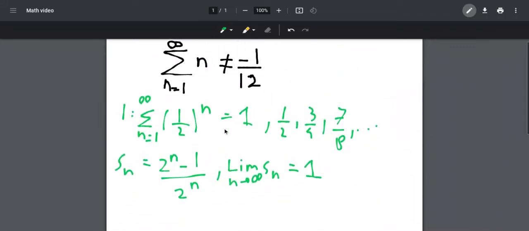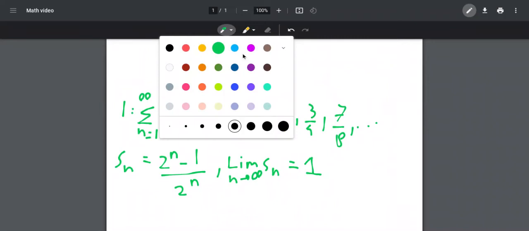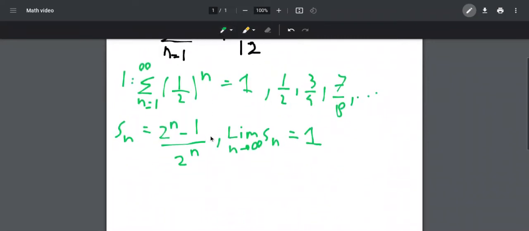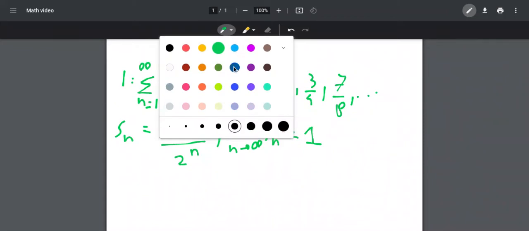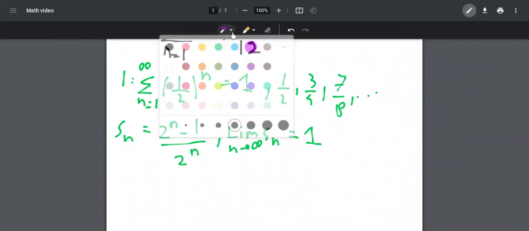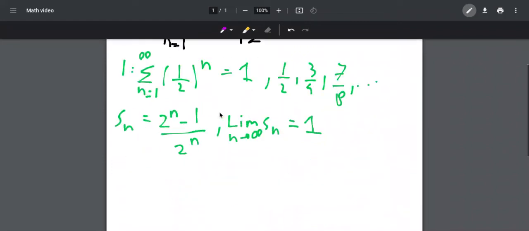Now I'm going to show you this method for the sum of natural numbers. Let's say we want to write the partial sums of the natural numbers. I'm going to write it as S sub n2, so we don't confuse it with this one.